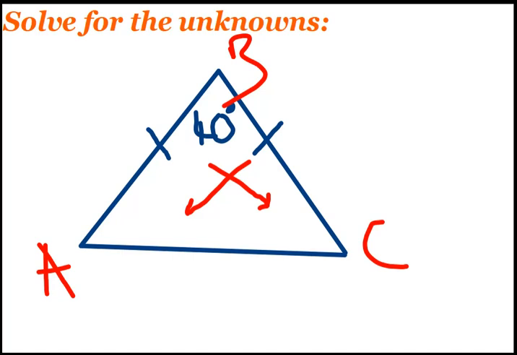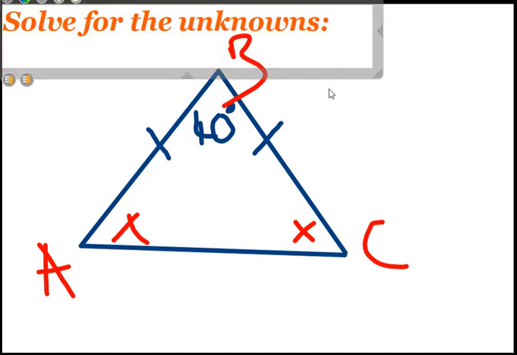So if BC is the side, then the opposite angle is angle A, which is equal to x. And the side opposite AB is angle C. So angle A and angle C will be equal to each other because this is an isosceles triangle.